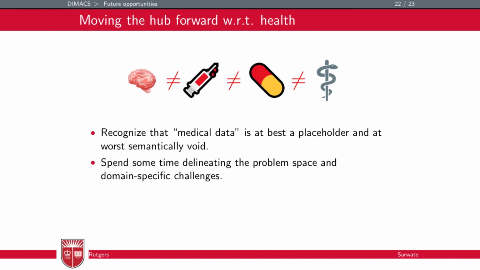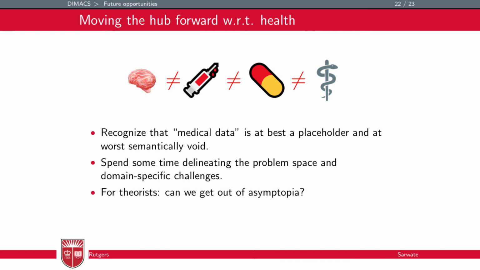But we really need to spend some time delineating the problem space and figuring out what these different systems are. A research thing is different than a comparative effectiveness research. So we need to spend some time thinking about these, and then from that, I think more interesting problems will pop out.